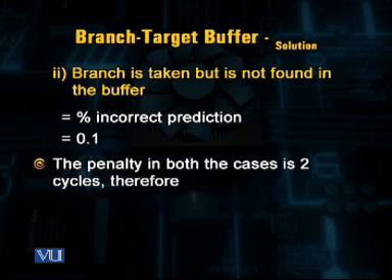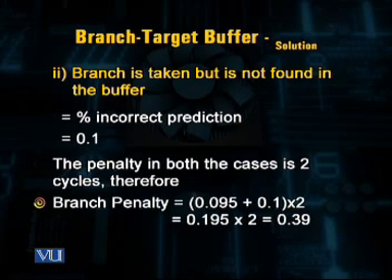The penalty in both the cases is 2 cycles. Therefore, the total penalty is equal to the penalty due to branch predicted taken but ends up not taken, and the branch is taken but is not found in the buffer.